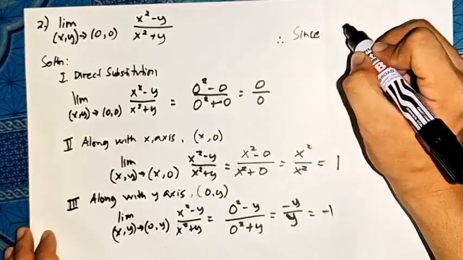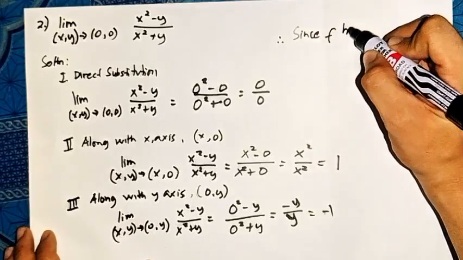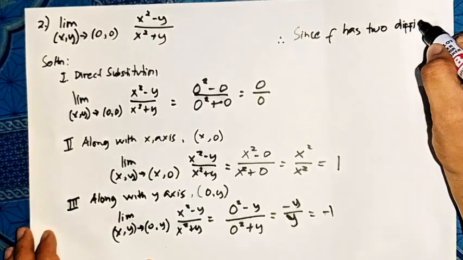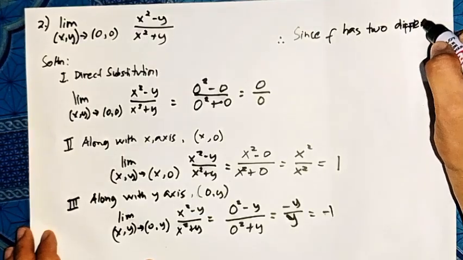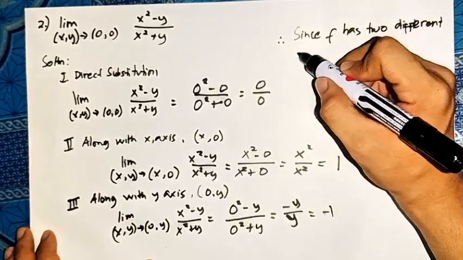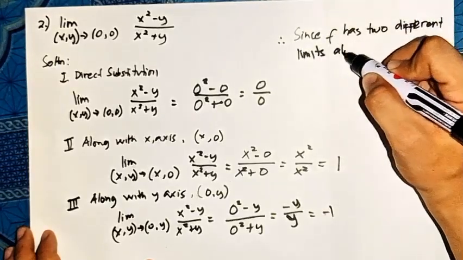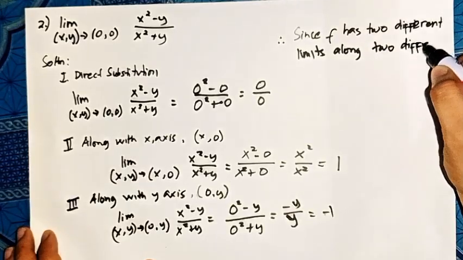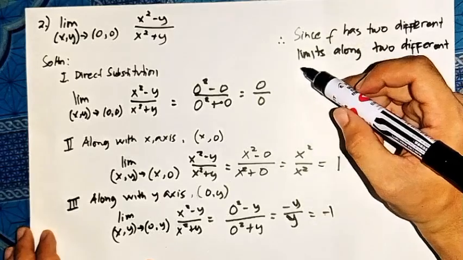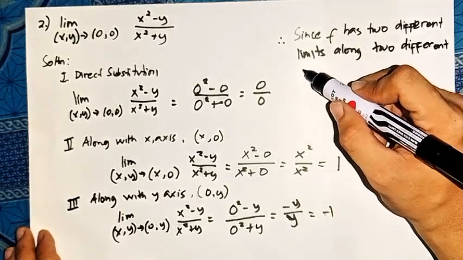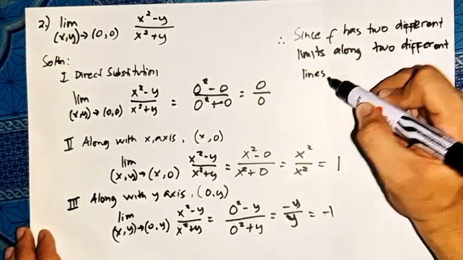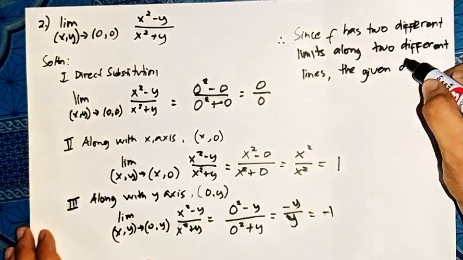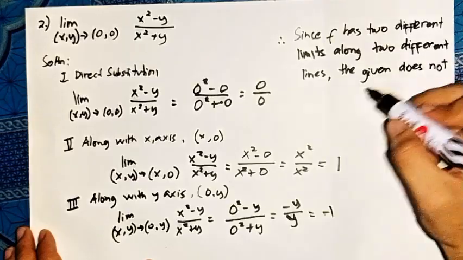So the conclusion is, since the function has two different limits along two different paths or lines, the given limit does not exist.